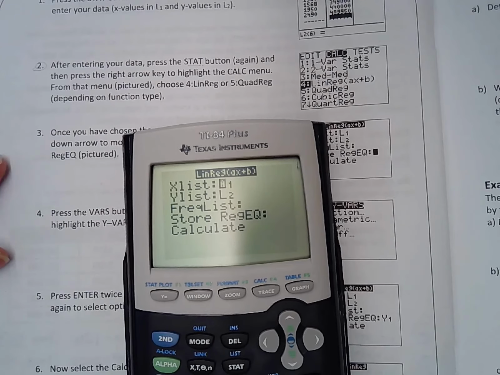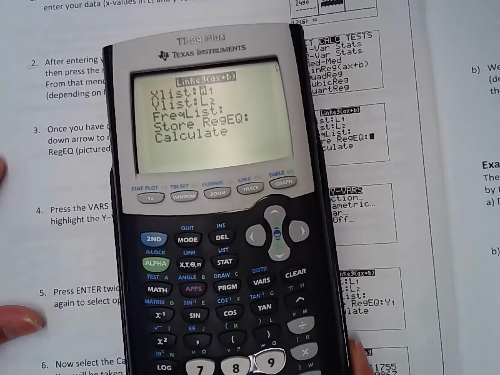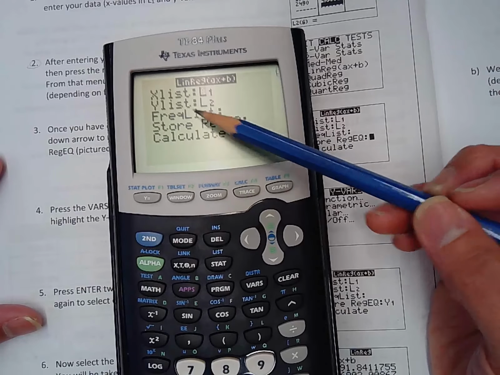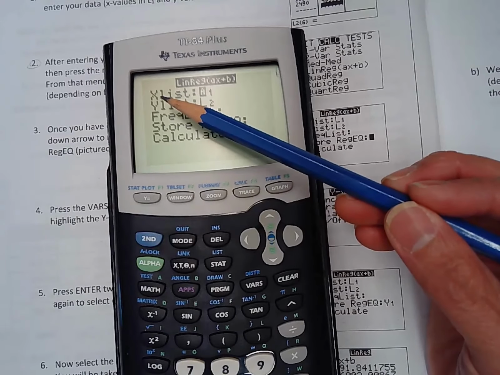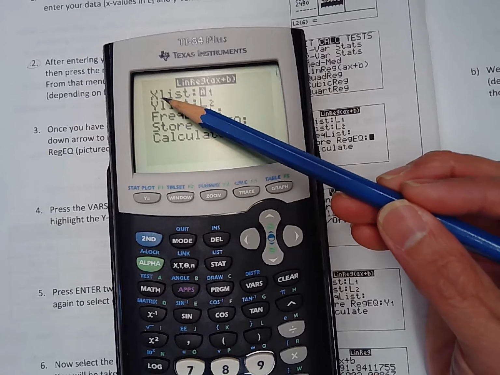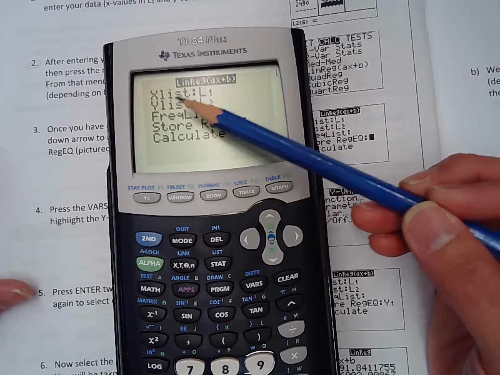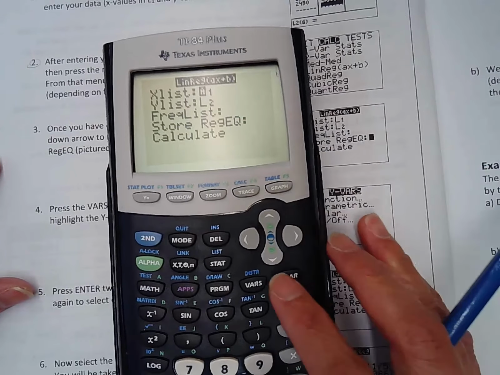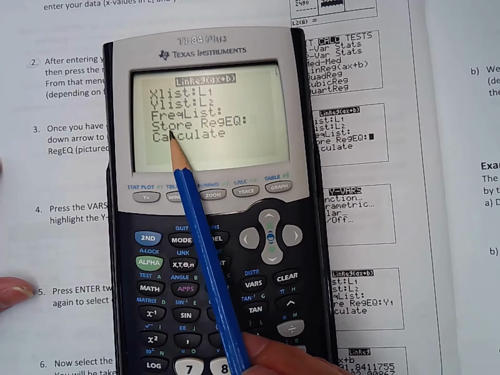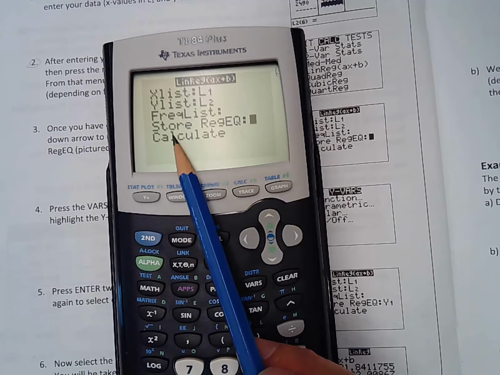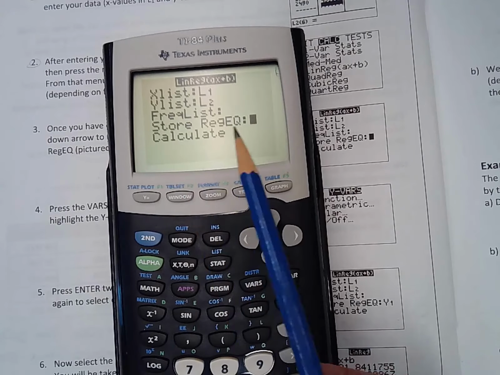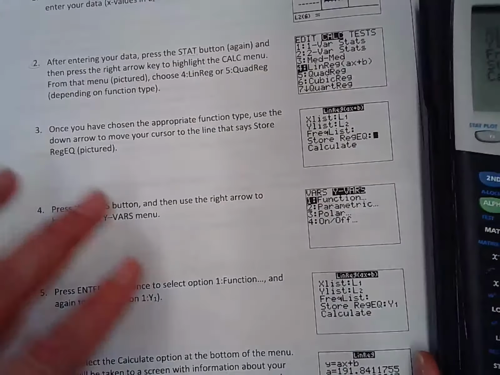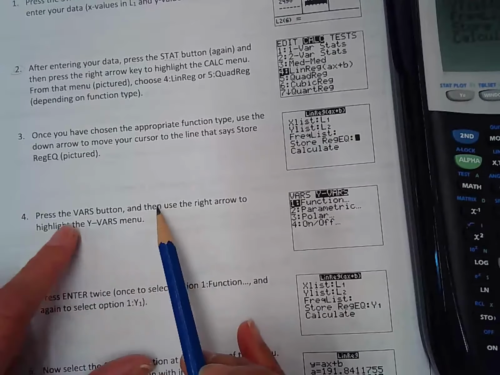Don't get behind. Now, this one should be on L1, L2, because your calculator is asking you something. Where is the X value coming from? From L1. Where is your Y value coming from? From L2. And then it asks, once I calculate this regression equation, where would you like us to store it? This is where we are now.